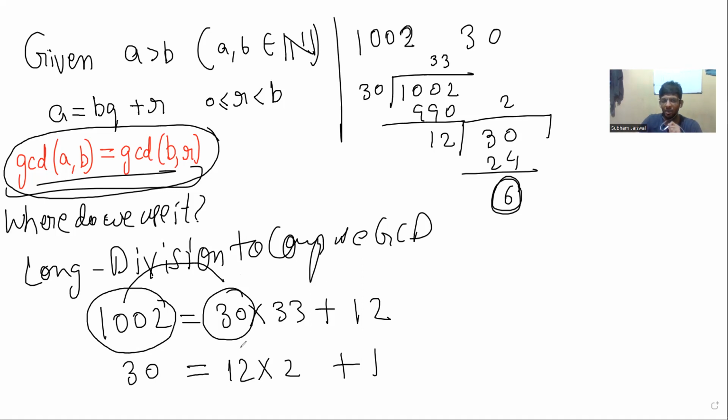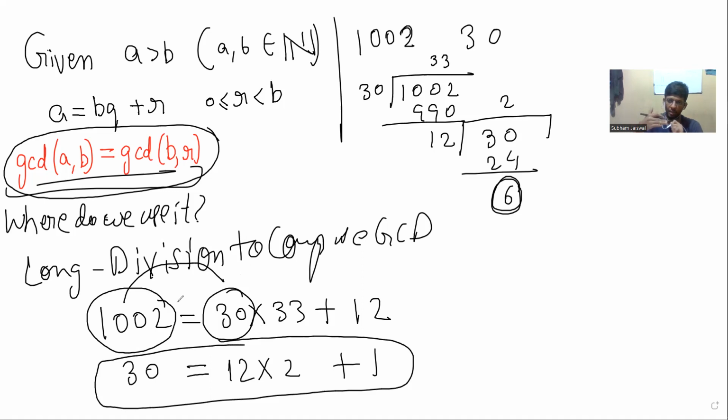So if the method works for the smaller pair, then it's true for the larger pair also, because the GCD has not changed. And obviously for smaller and smaller numbers, it's easy to check that it is true. Eventually it comes down to one dividing the other, where it is obviously true that you pick the smaller number as the GCD. That is what we did in the beginning, R is equal to 0.